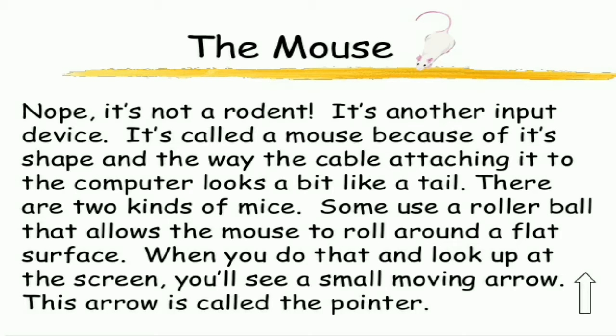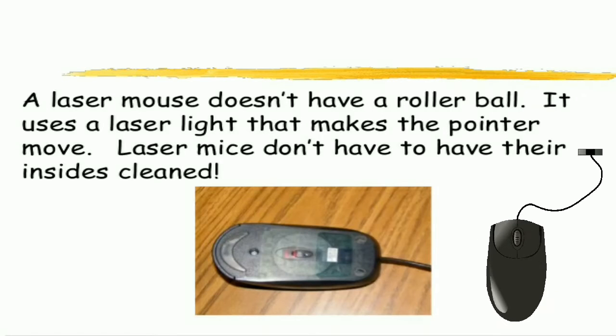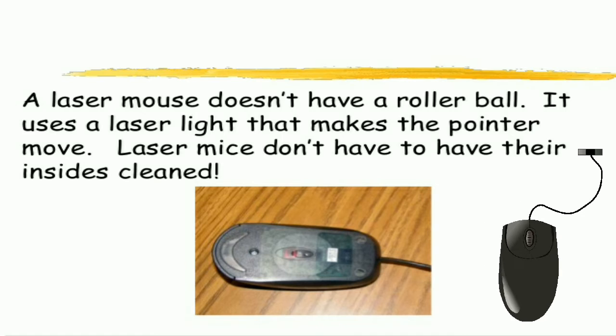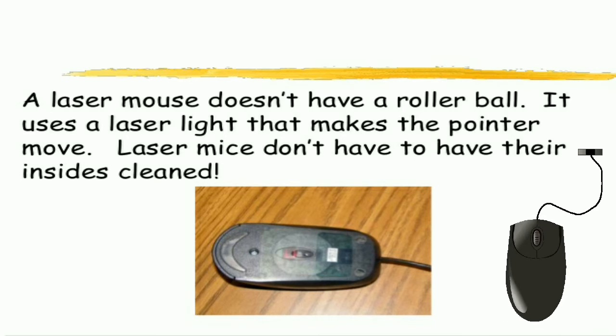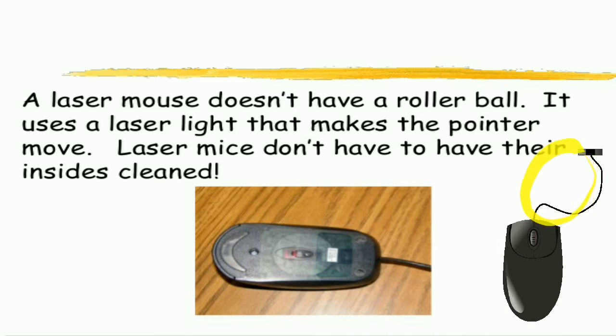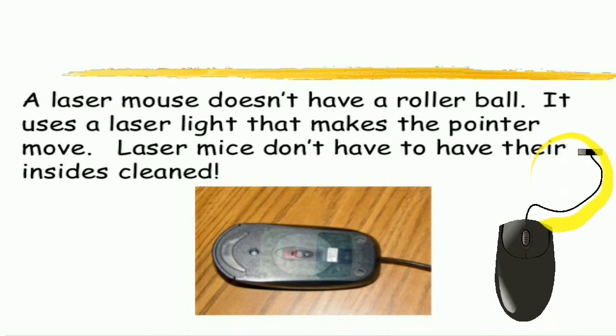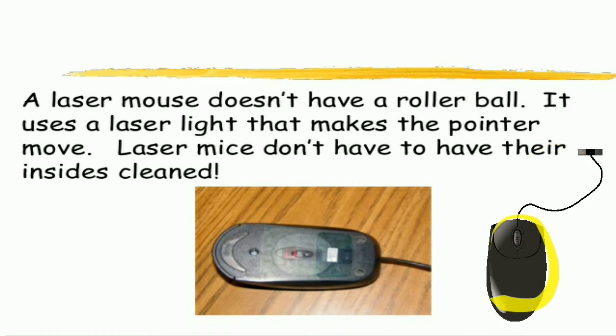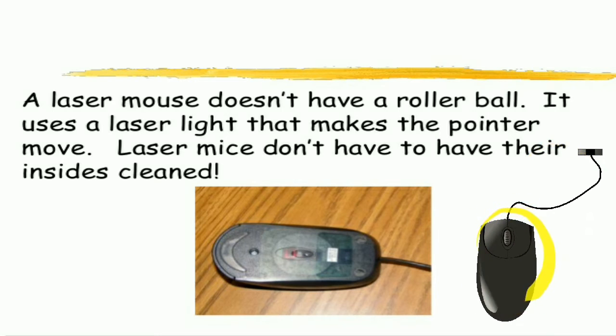So the mouse looks like that, and you see a small moving arrow, and the arrow is called the pointer. Here we also find a mouse that looks like it has a tail and is connected with a CPU. So it's moving like that.